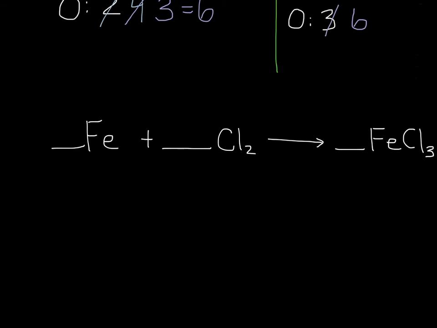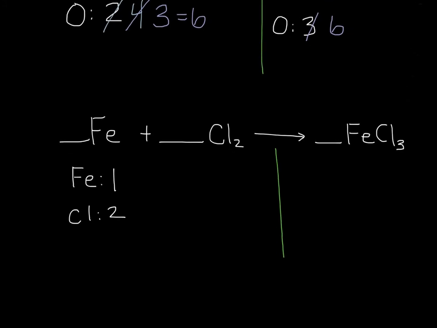And again, I want to ask myself, what do I start with and what do I want to end with? So here I'm starting with 1 iron, so I've got 1 iron and 2 chlorines going in.